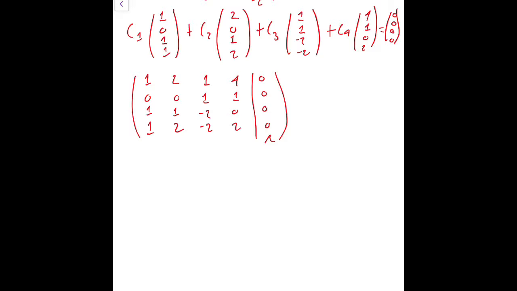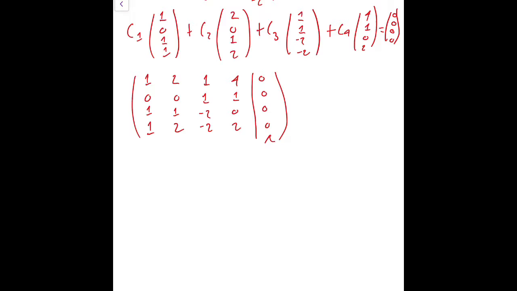Okay, so I want to do row operations. The first thing that I need to do is swap the fourth and the second row, because remember the second step in this algorithm, and really this should be in the iterative part of the algorithm: at every step, you need to make sure that all of the pivots are underneath or to the right of the pivot in the row above it.